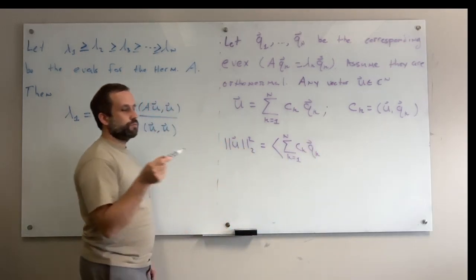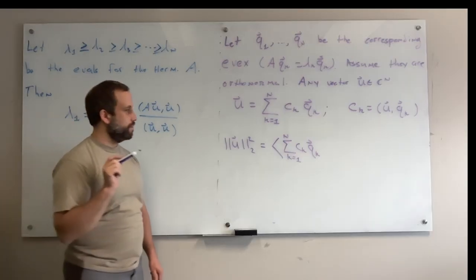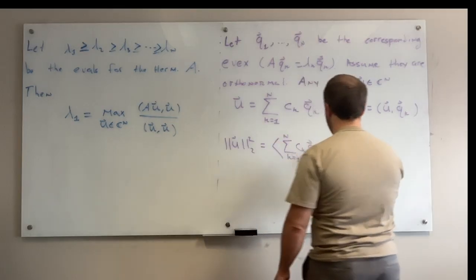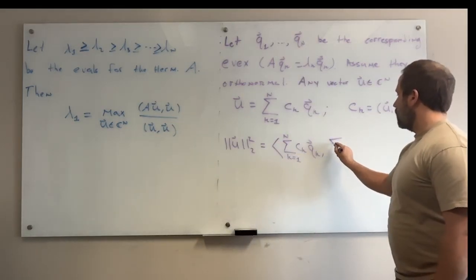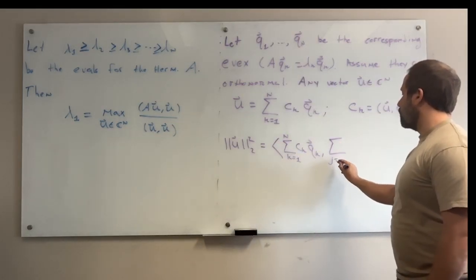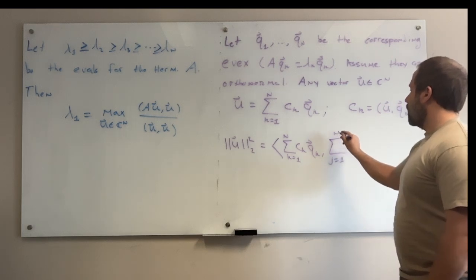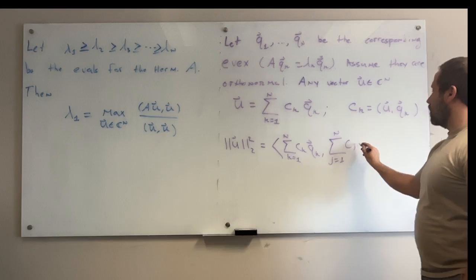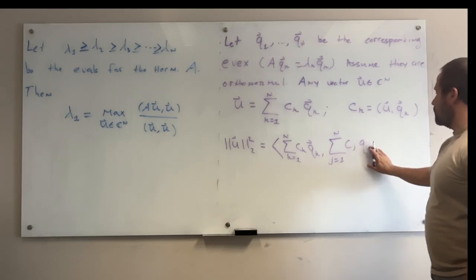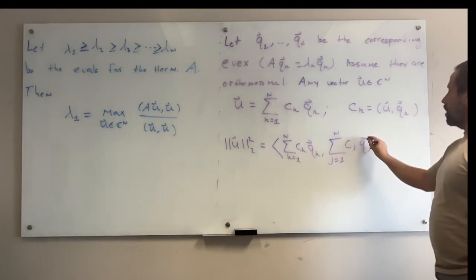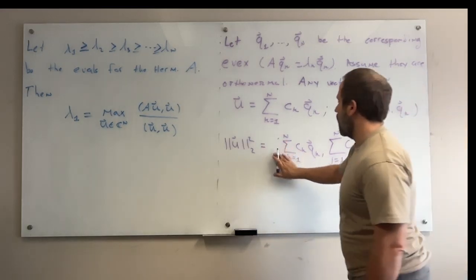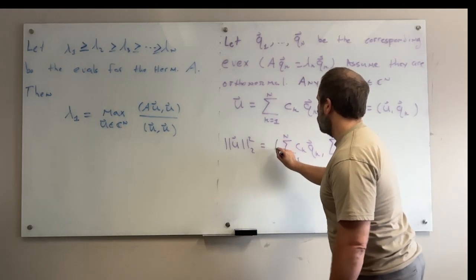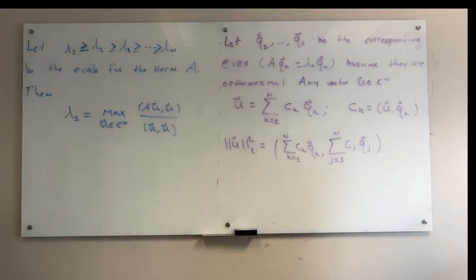I'm essentially just proving something like the Pythagorean theorem or Plancherel's theorem. If you know those words, I hope you know the Pythagorean theorem. And sorry, let me try to not use angle brackets. Let me use the parentheses like the book uses.